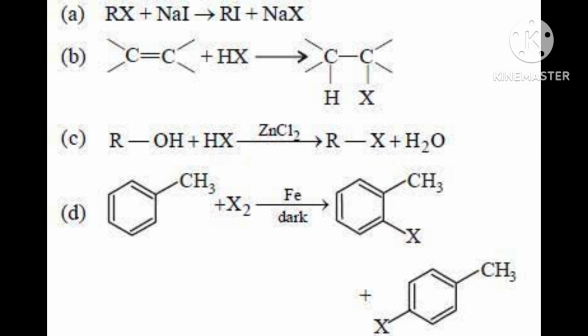In the place of NaI, now you will use this fluoride. Suppose you have methyl bromide and you want methyl fluoride. Then you can use any one: AgF, Hg2F2, CoF2 or SbF3.